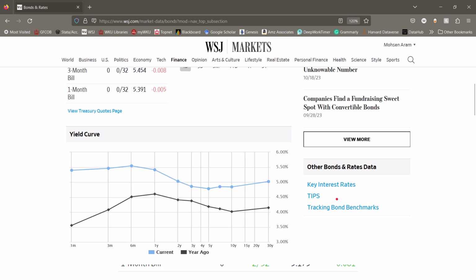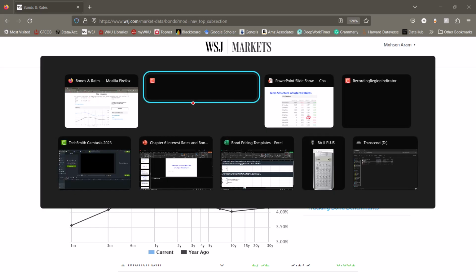Because of that, you should expect that this yield curve would be different tomorrow. So this is constantly changing depending on the market activity.